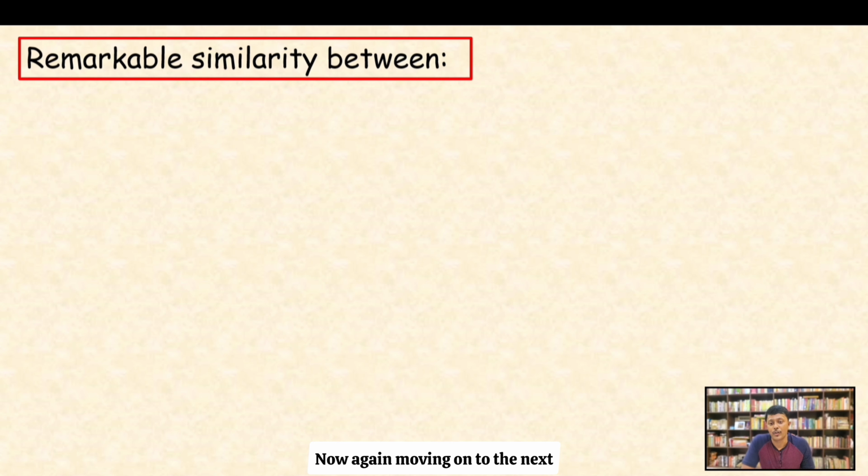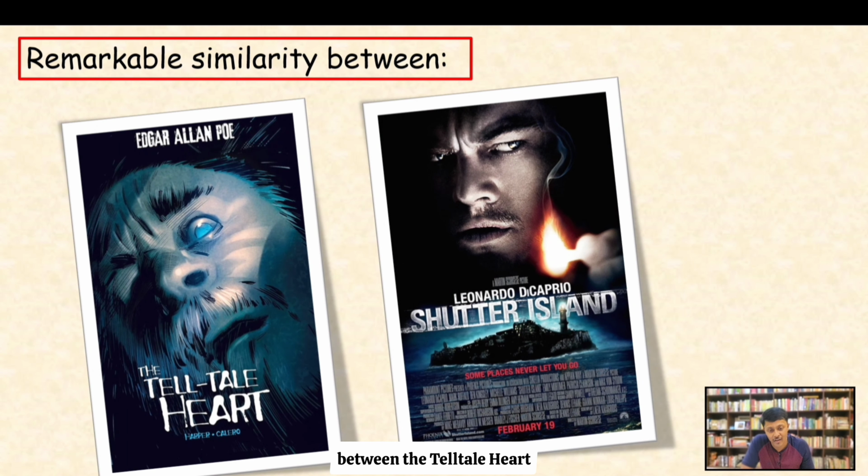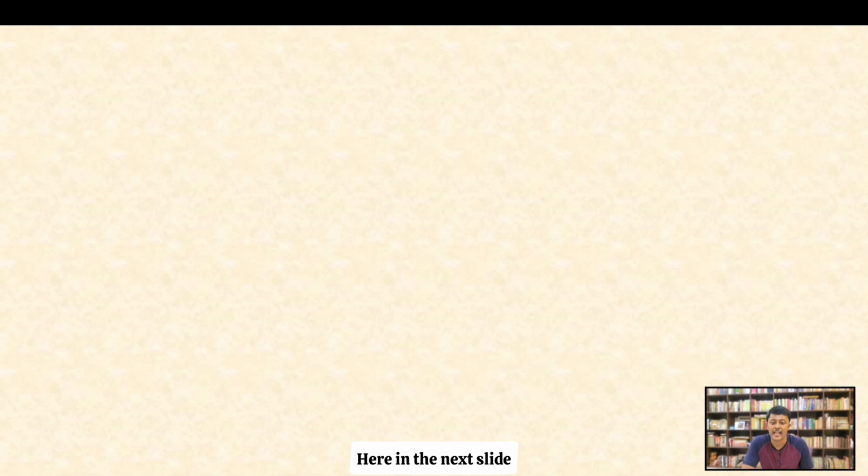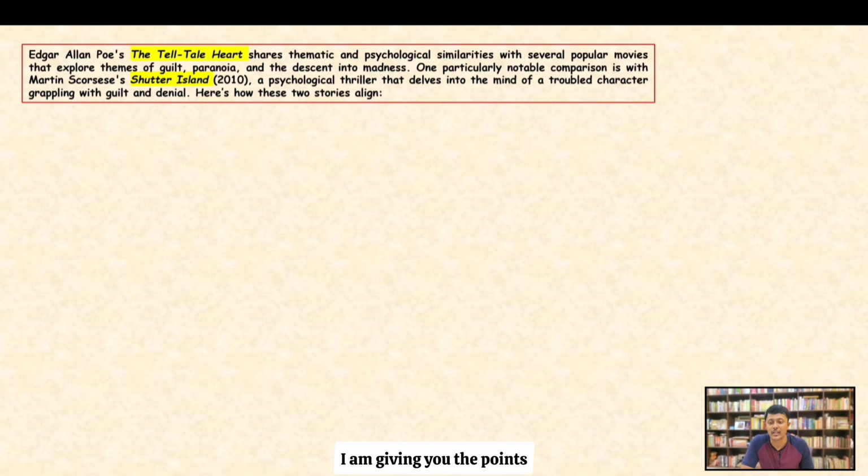Now, moving on to the next, as I was telling you, there is indeed a remarkable similarity between The Tell-Tale Heart and the movie Shutter Island. Yes, this is significant and very interesting. In the next slide, I am giving you the points on Edgar Allan Poe's The Tell-Tale Heart and Shutter Island, the 2010 movie by Martin Scorsese.